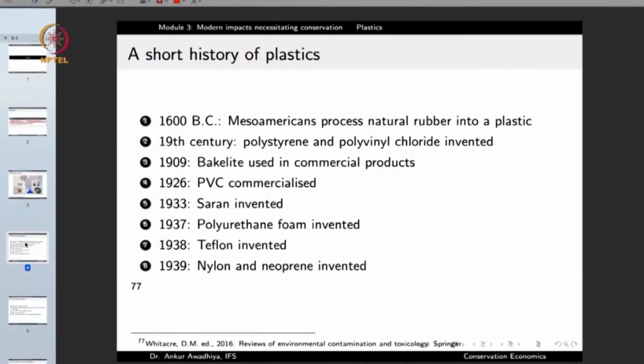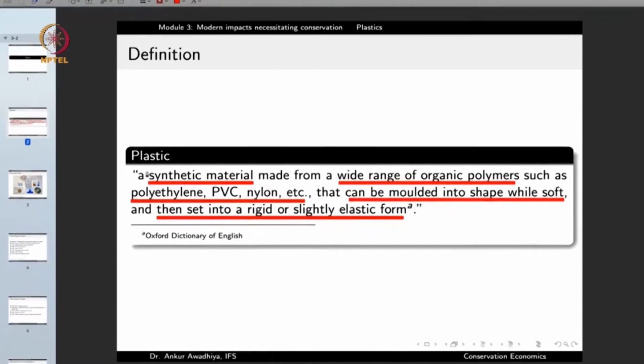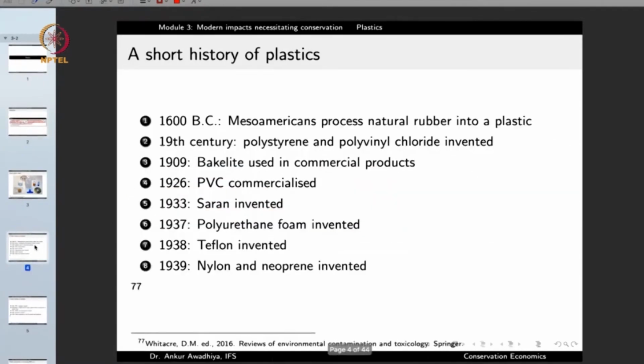How did we come into this civilization of plastics? The earliest plastics, in terms of synthetic material, was made in 1600 BC when Mesoamericans processed natural rubber into a plastic. So the natural rubber was converted into a plastic, and this plastic was used as a ball.